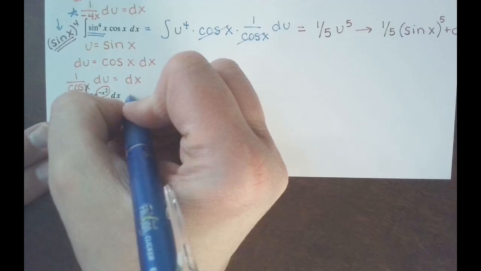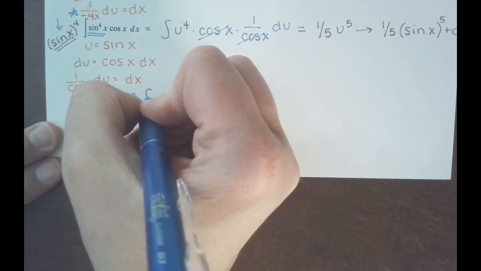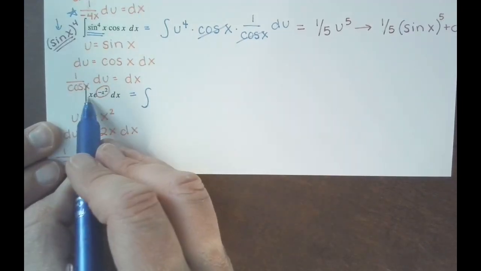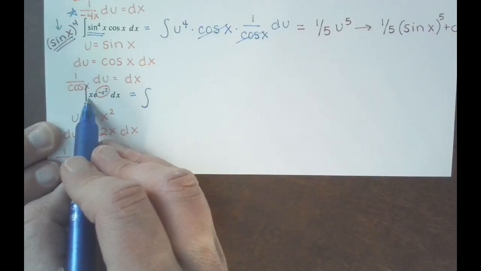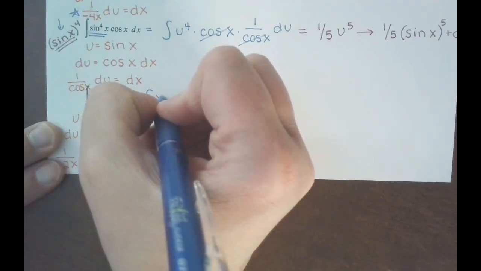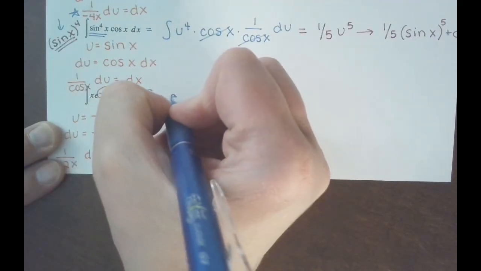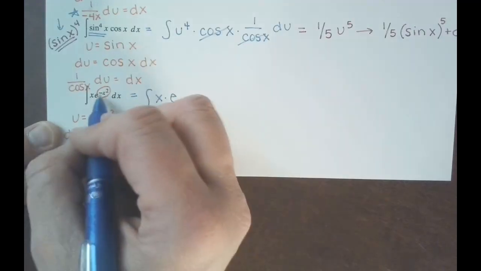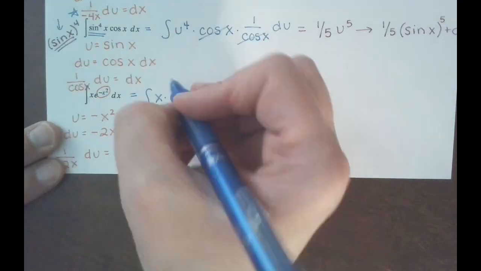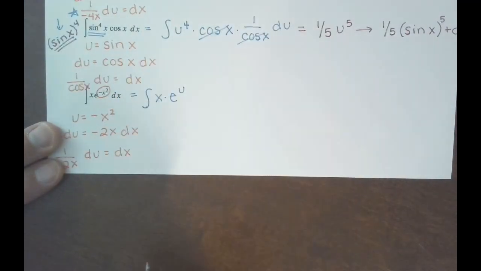Let's rewrite our integral. Do not skip this step. The integral, the x is still there, right? Nothing's happened to it. The e to the negative x squared, that negative x squared that's circled, that's what I'm replacing with u. So this becomes e to the u.